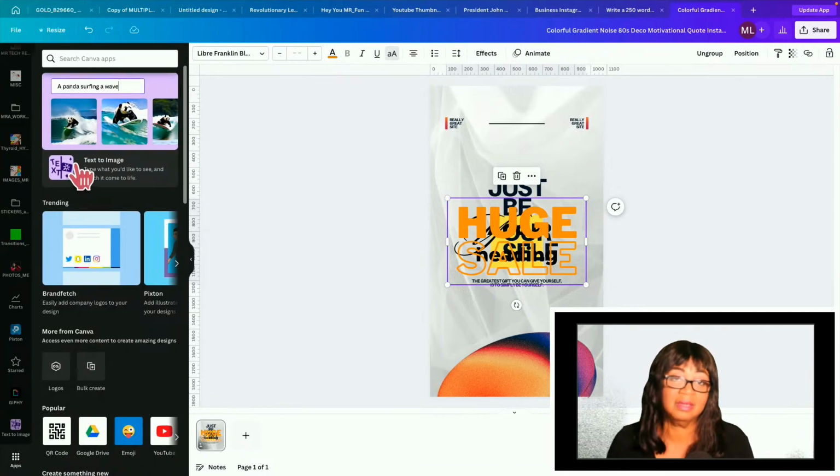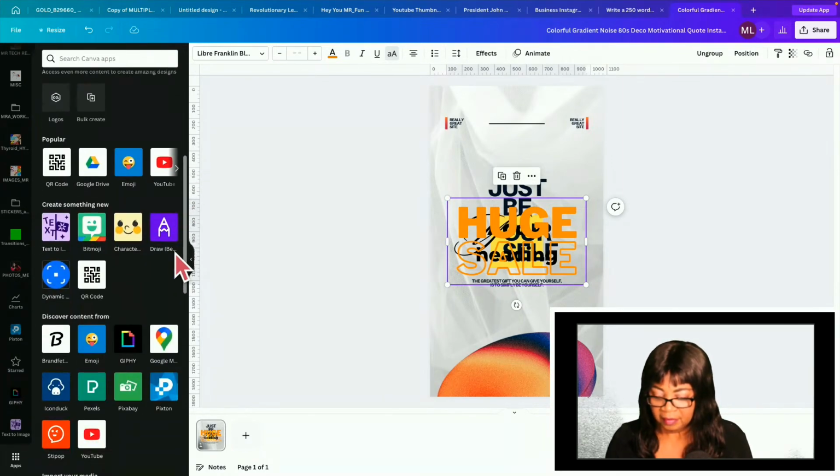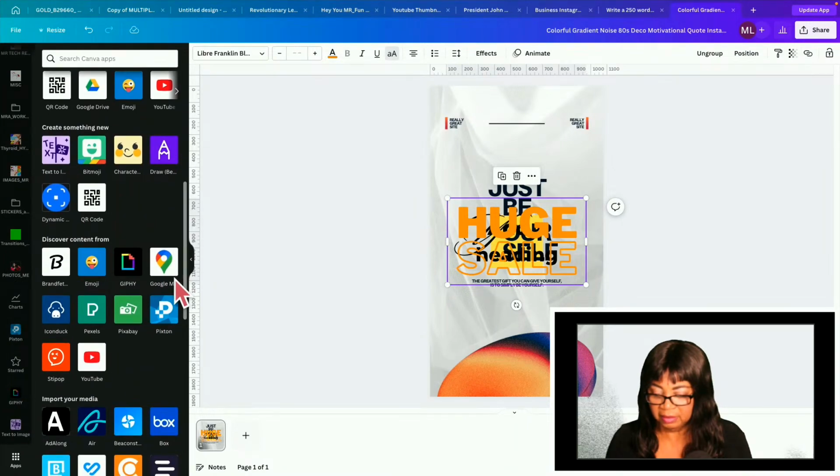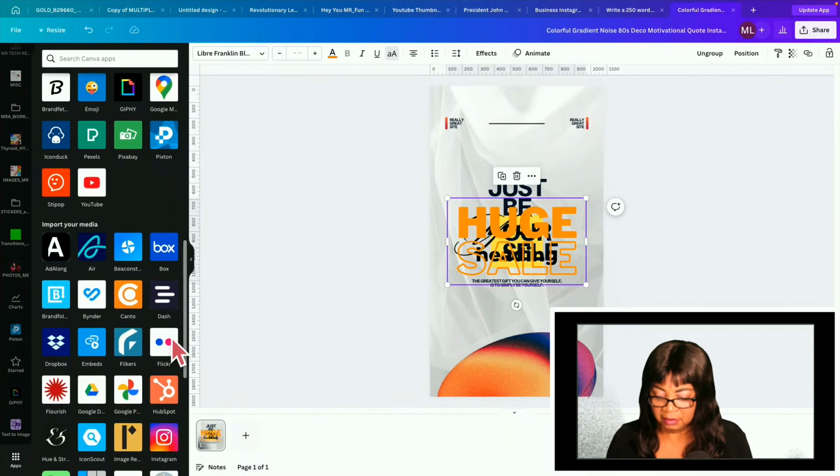It even has text to image. We talk a lot about Midjourney and Pictory, some of these. It has the ability to create some images for you, so you can go in here and play with that. And it's got emojis.